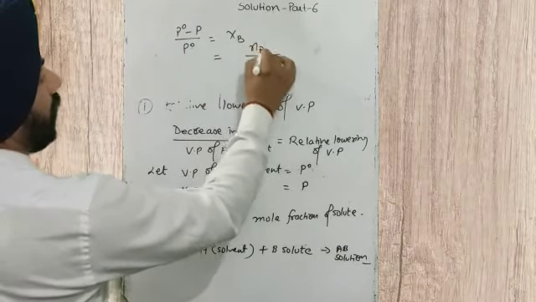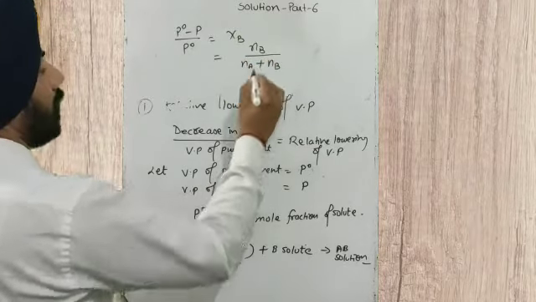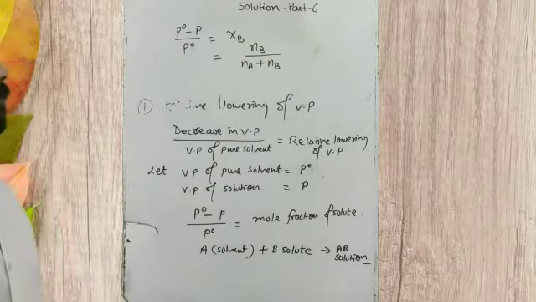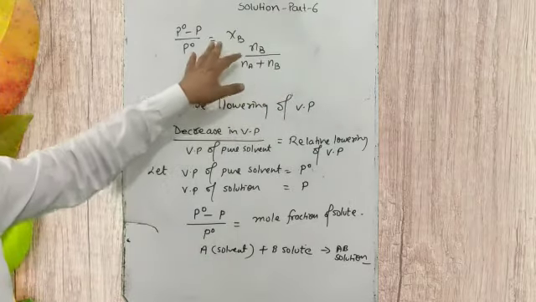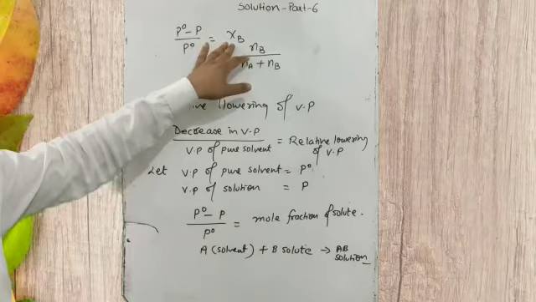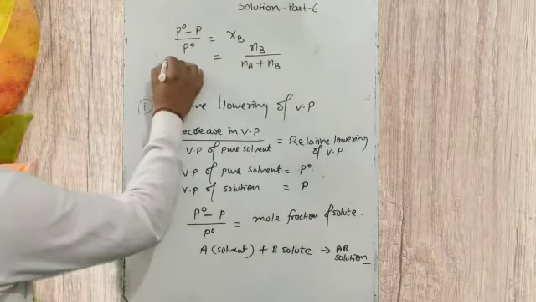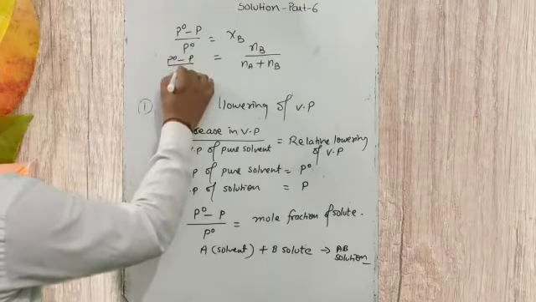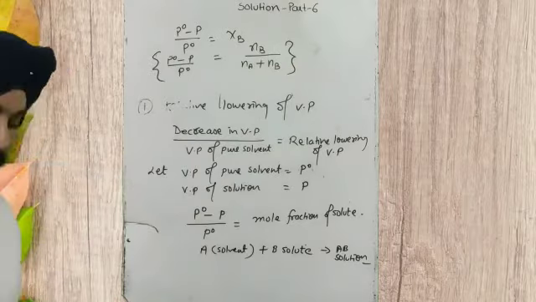That will be NB, and in the solution there will be Na and Nb. In the solution, the number of moles of solute and solvent both will be present. So here the mole fraction of the solute will be Nb upon Na plus Nb, that is equal to P naught minus P upon P naught. I think it is very much clear.